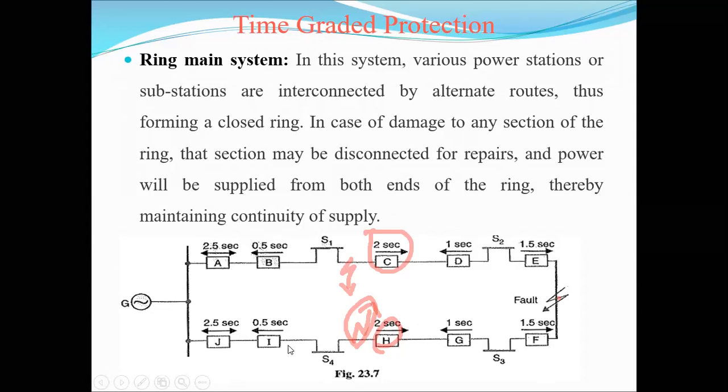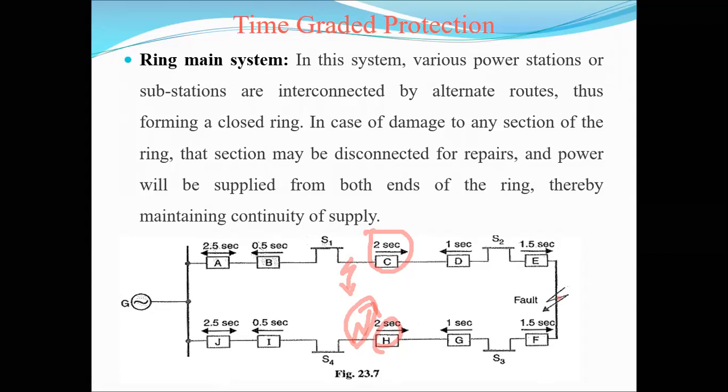That is J, I, S4, H, G, S3, F, E, D, C. That is the other direction. The alternate routes are in the form of a closed ring, thus forming a closed ring.